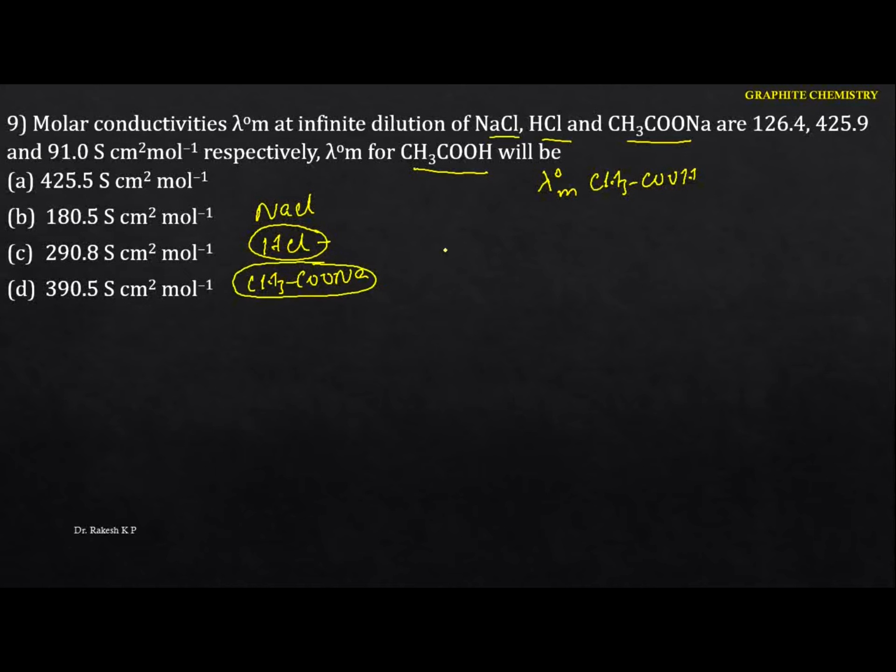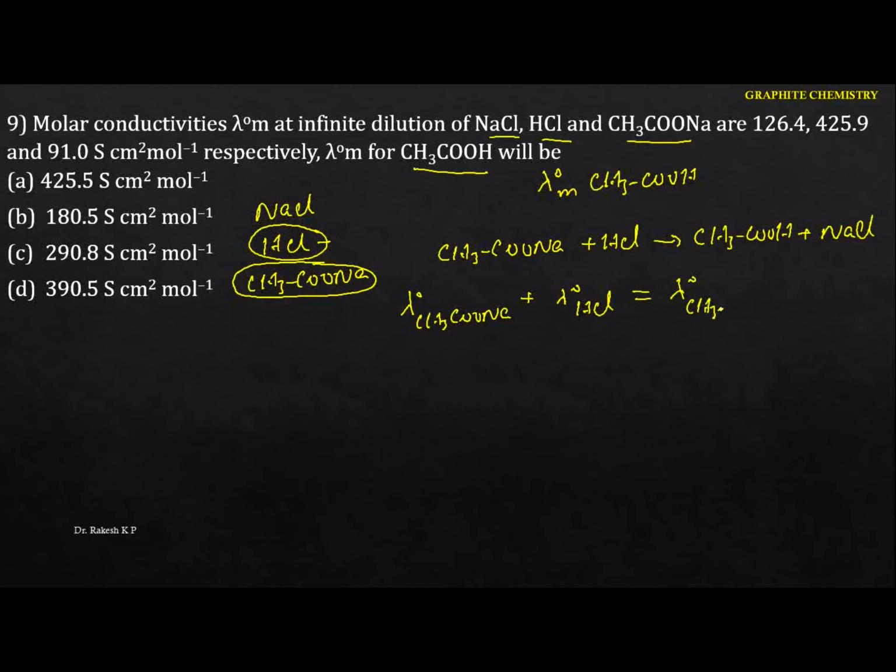See this here: sodium acetate plus HCl on combining gives acetic acid as well as NaCl. Now apply the limiting molar conductivity: lambda naught sodium acetate plus lambda naught HCl equals lambda naught acetic acid plus lambda naught NaCl.